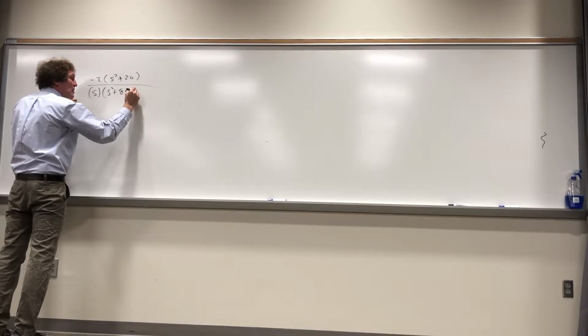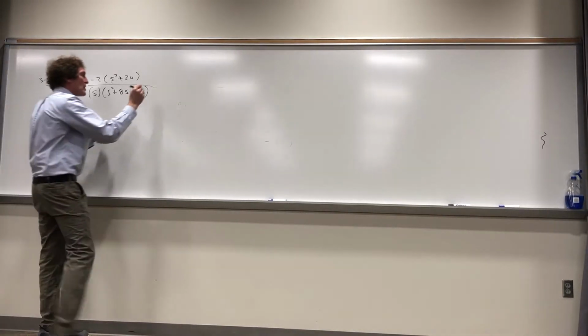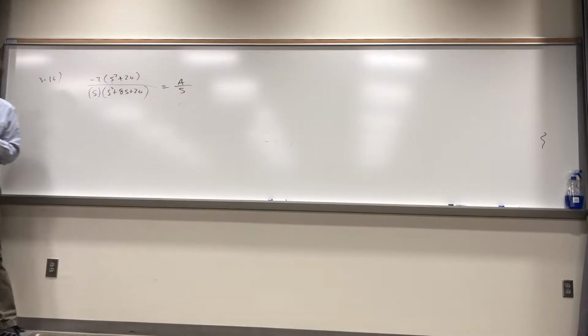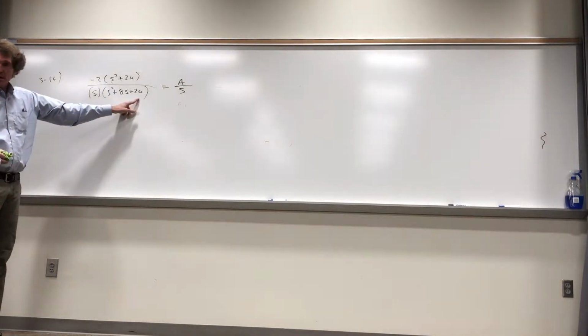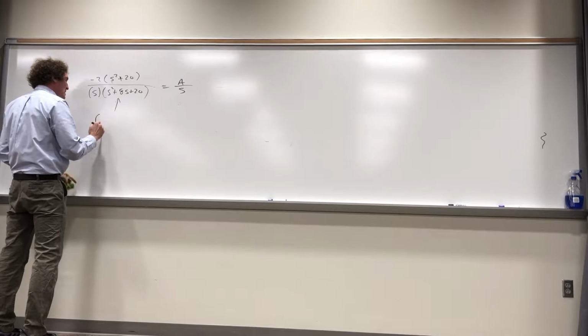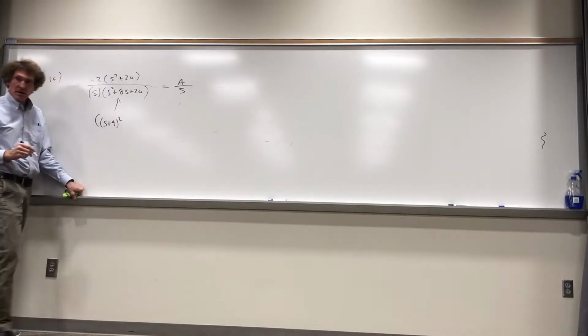All right, now, when I look at this one, I want you to take note. Here, I have a pole of 1 over S, right? And then I have another pole here, right?